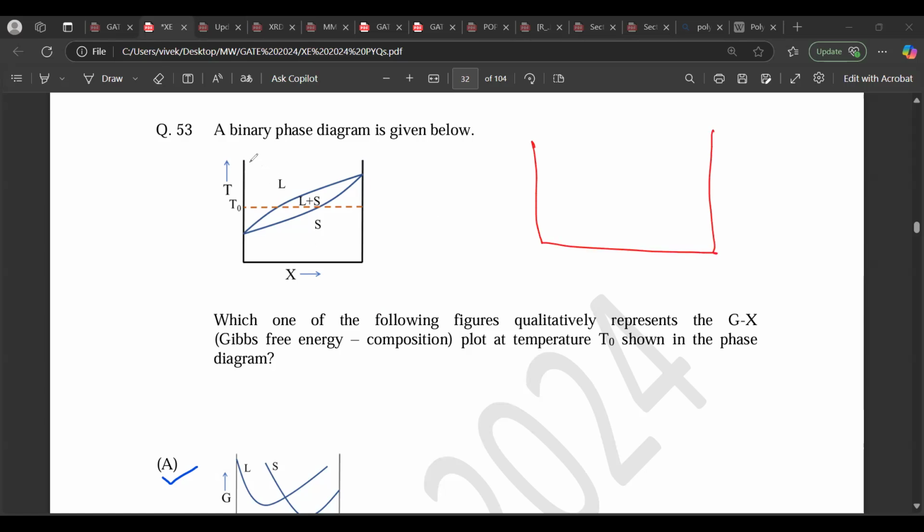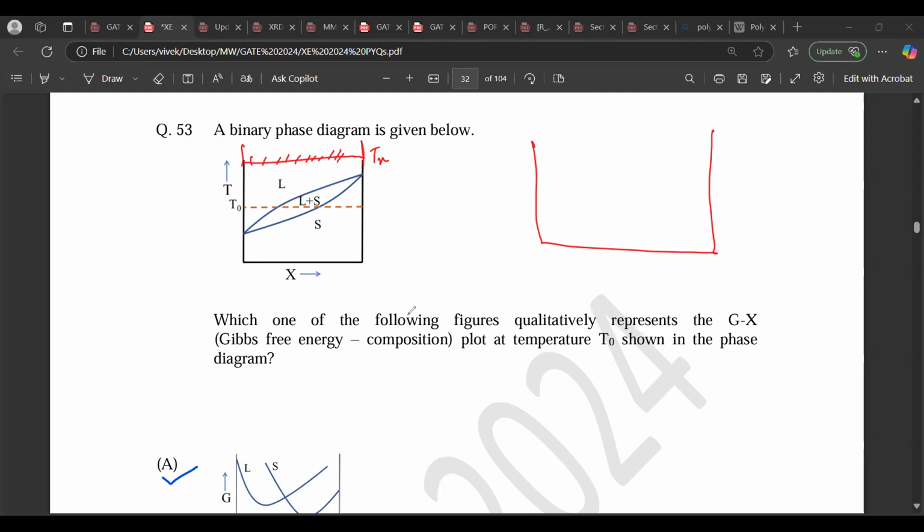So across this temperature, I'm giving you, let's say Tx, because T naught is already taken. Usually I take T naught. At this Tx temperature, everywhere in all compositions, my L is stable in the phase diagram. It is already known, it is given.